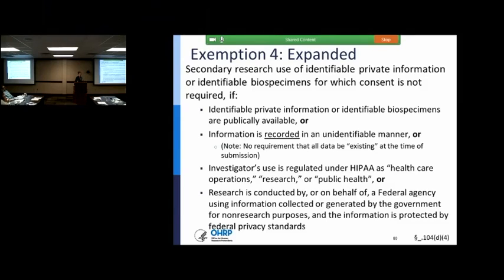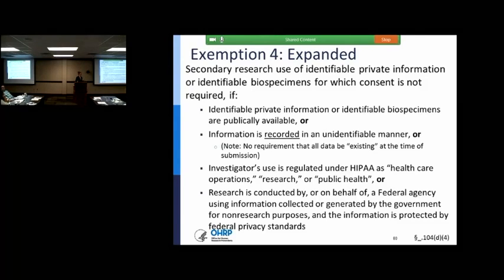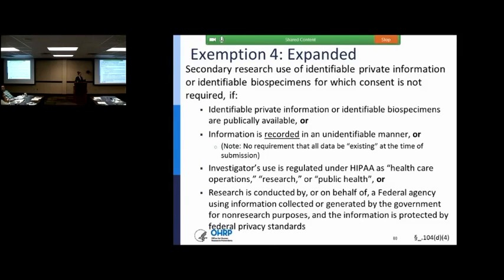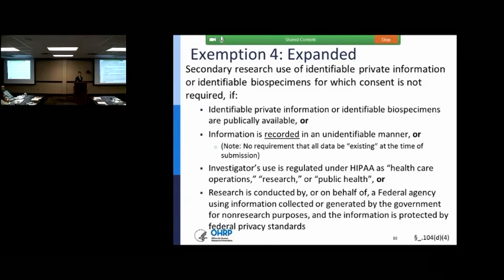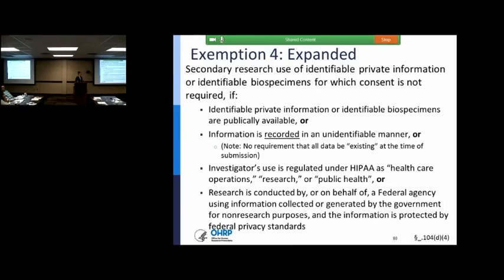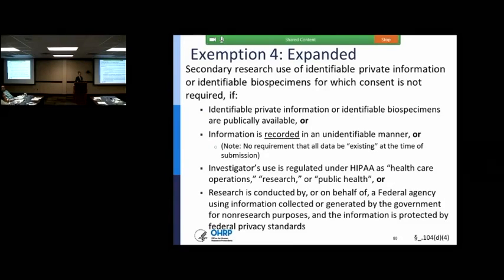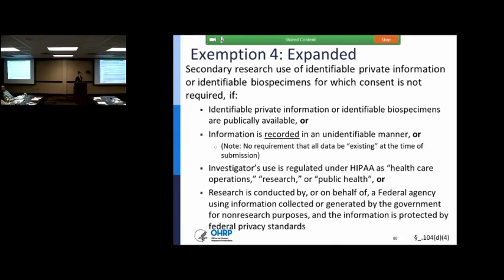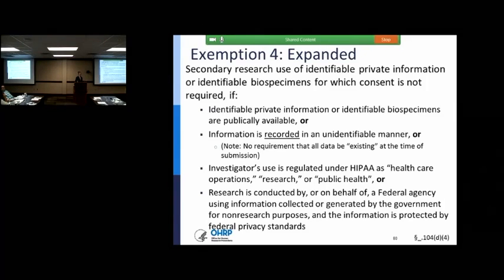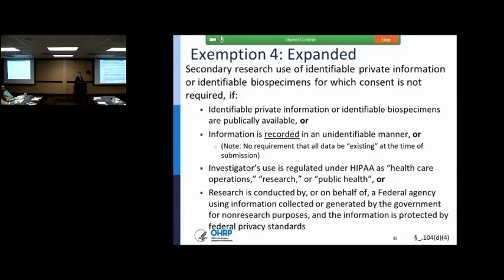Say you have access to some medical records, but when you go through and record the information for your own use, the data set you create just has perhaps the ages and health status of the individuals. So the identifiable information was available, but it wasn't recorded and you're not using it in your study, right? Then these activities would be exempt under Exemption 4. And then also, as we said, they don't have to be existing at the time.